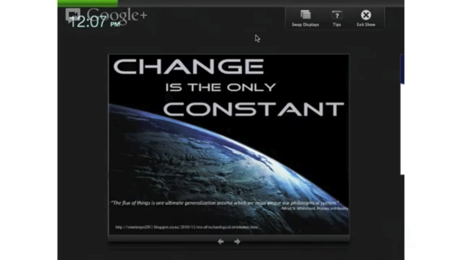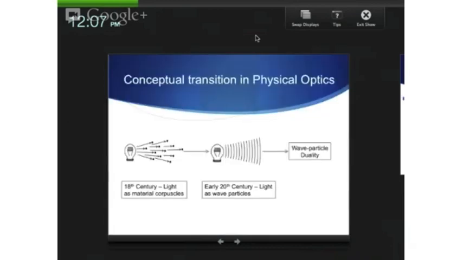And as Whitehead said, the flux of things is one ultimate generalization. Similarly, our scientific understanding is no exception to that. If we look at the history of science, we can see several examples that support this idea of flux. Here is one good example from physical optics.